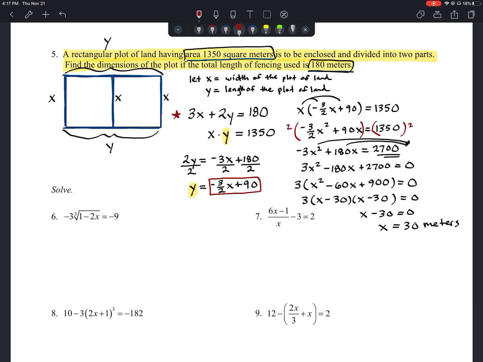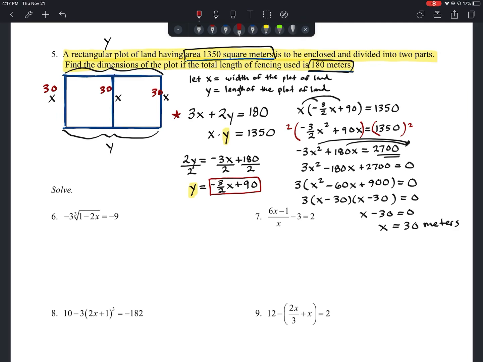So that means that each of these sides here is going to be 30 meters of fencing. That's 30 meters of fencing. And on our other side here, this is also 30 meters. To figure out what y is, we know that you can do either equation there. x times y equals 1,350.